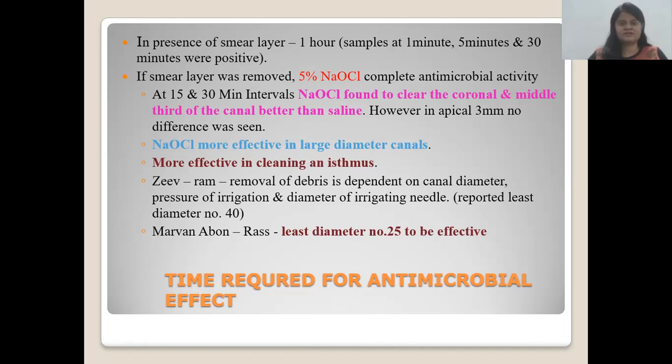Zebram stated that the removal of debris depends on the canal diameter, the pressure of irrigation, and the diameter of the irrigating needle, and reported a least diameter of number 40 for preparation of the root canal. Then Marwan Abon stated that a least diameter of number 25 is needed to achieve the effective antimicrobial effect of sodium hypochlorite.